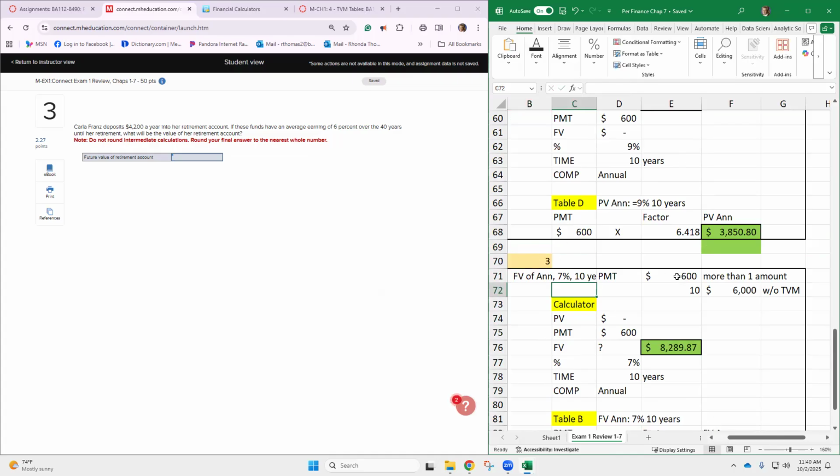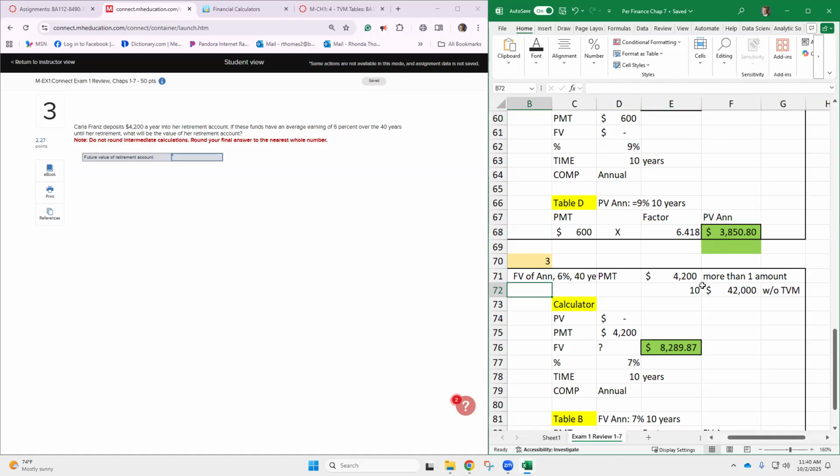Okay, $4,200. More than one. She's found a 6% and she's got a 40-year timeline. Boy, that's awesome. They say to start early. The earlier you start, the better.